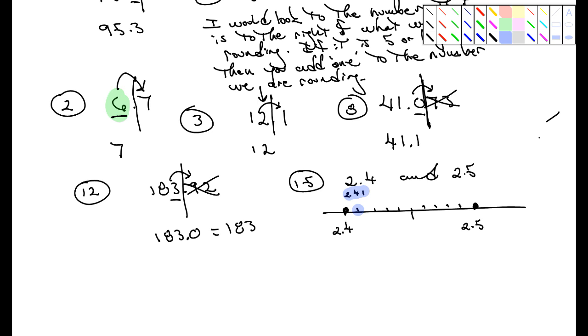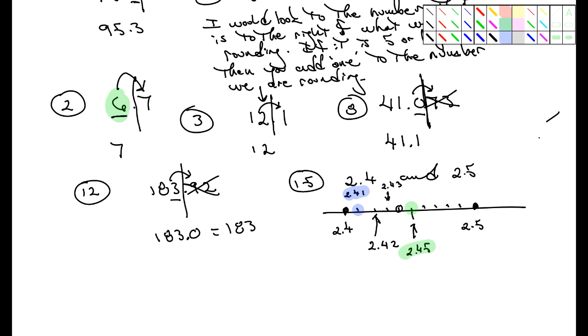Where's 2.42? Okay, 2.42. That's the next one, right there. 2.43. Next one, right there. 2.44, right here. What do you think 2.45 would be? It's going to be right there.